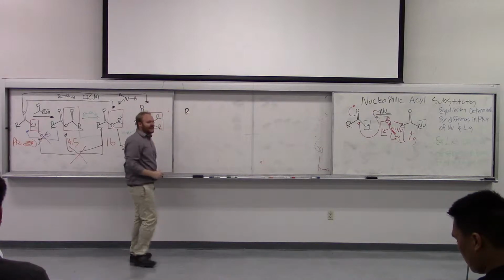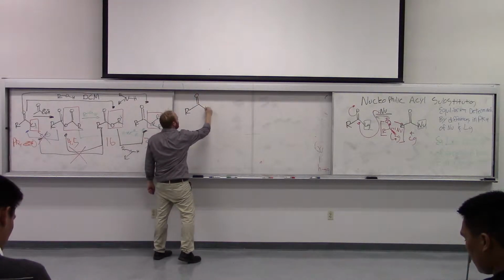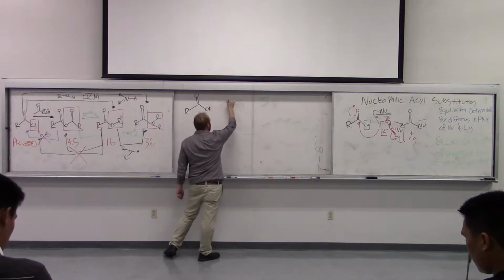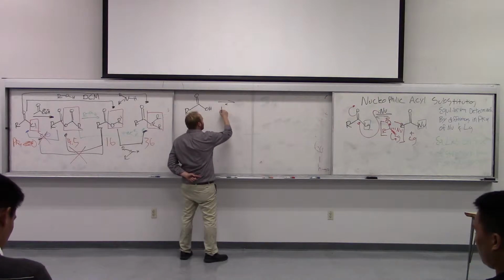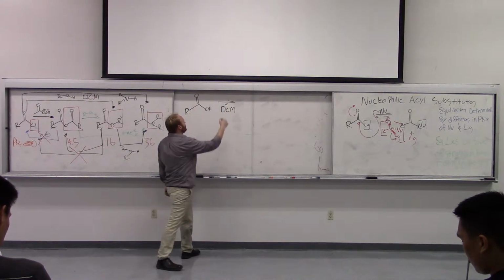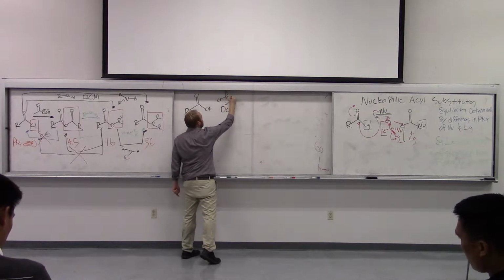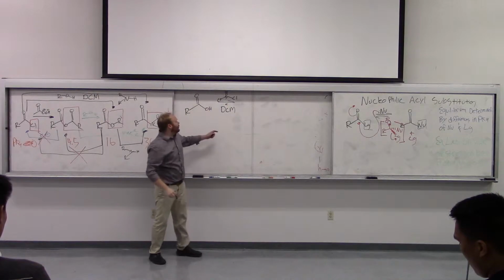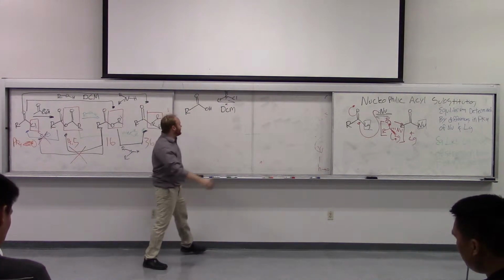The answer is using thionyl chloride. You usually do it in dichloromethane. And thionyl chloride is a sulfur with a double bond to an oxygen and 2 chlorines off of it.